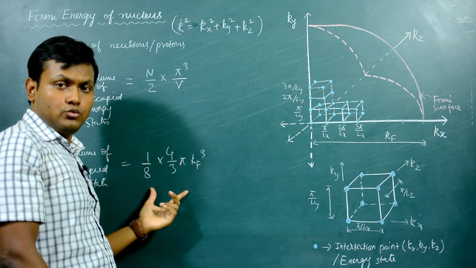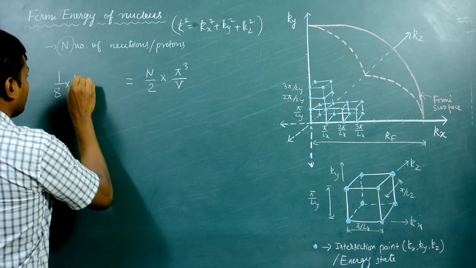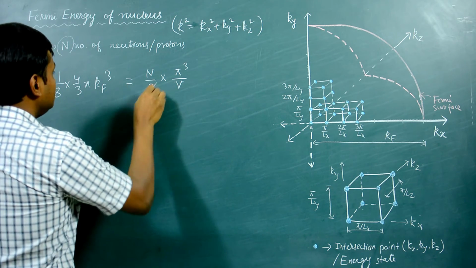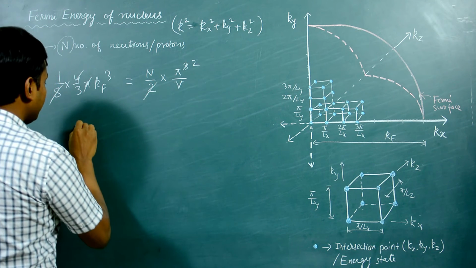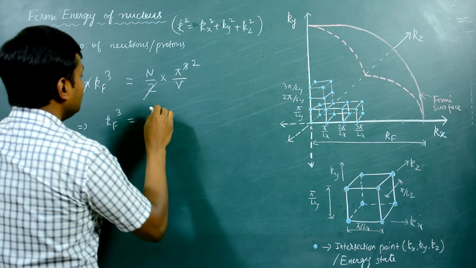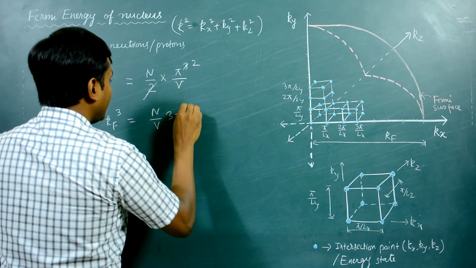So this is equal to this. Then 2 and 4 get cancelled, pi and pi square is left. You end up getting kf cube is equal to 3 pi square n by v.